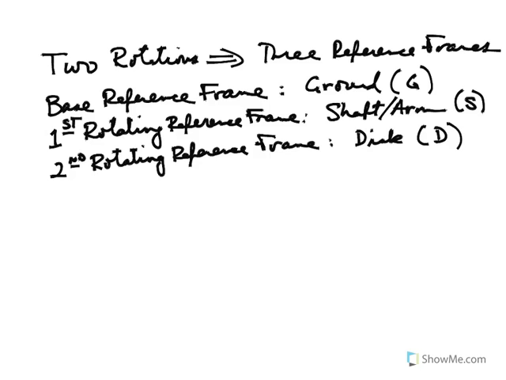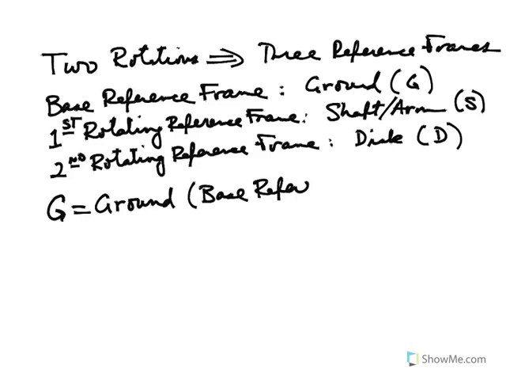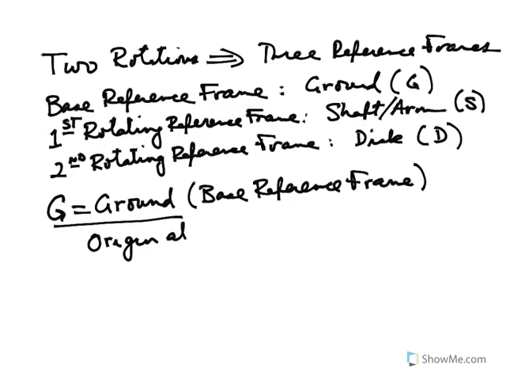So now let's start putting coordinate systems on these different reference frames. G is equal to the ground, which is the base reference frame. The origin of this coordinate system is going to be at O. I'm going to put EX along omega, which is vertically upward in the diagram, and I'll explain why in just a minute.